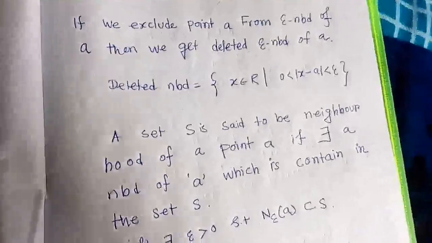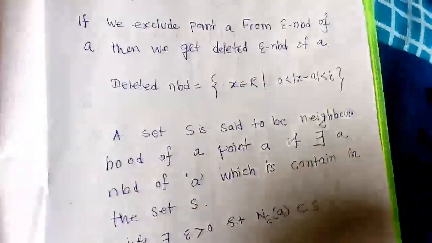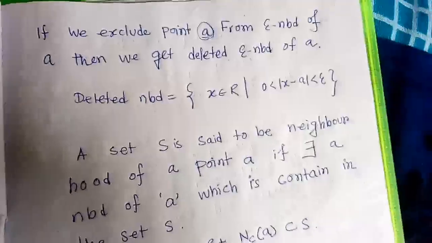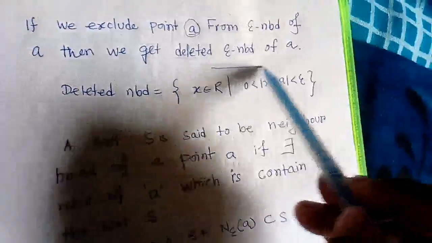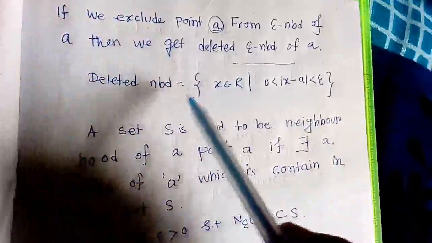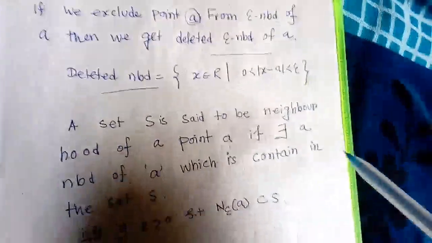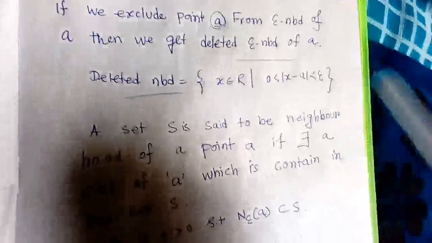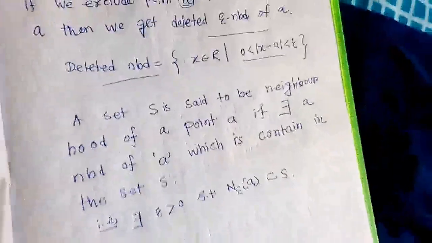If we exclude the point A from the epsilon neighborhood of A, then we get the deleted neighborhood of A. So the deleted neighborhood is simply x not equal to A, that is, 0 less than mod of x minus A less than epsilon.